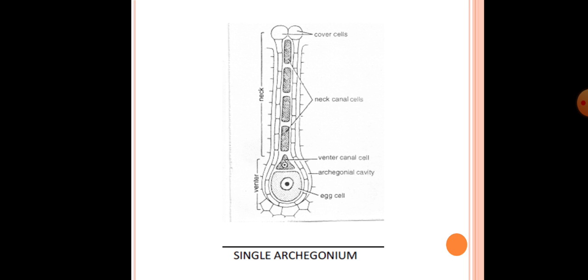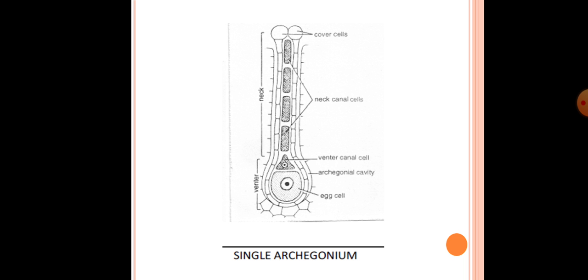Then the ventral canal cell is present, and on the lower side the egg cell is there, and here one female gamete or egg nucleus is present in the ventral region. When the anthrozoids swim in the water, they will firstly be deposited on these cover cells.